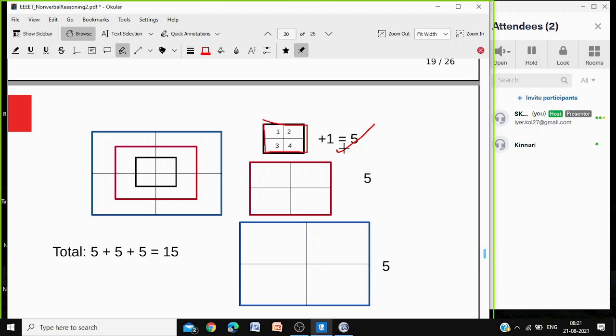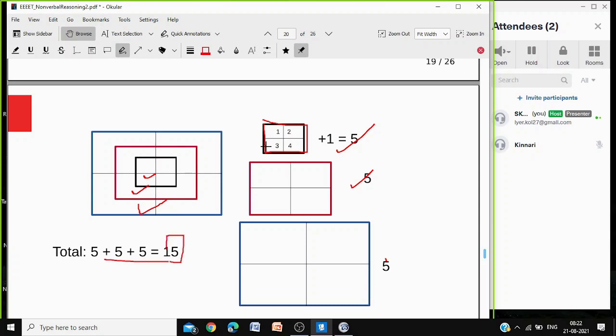Similarly, here also you will get 4 small squares and 1 square, that is 5. Here also 4 small squares and 1 outside square, 5. So the inside forms 5, the outside forms 5, and the outermost forms 5, so total 15. This is the 15 squares.